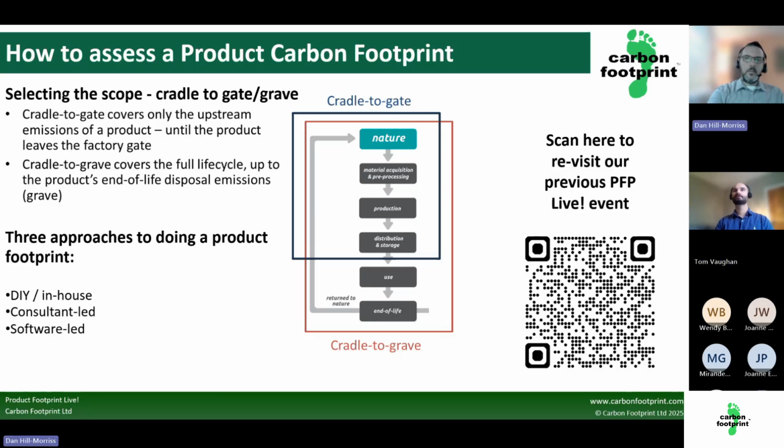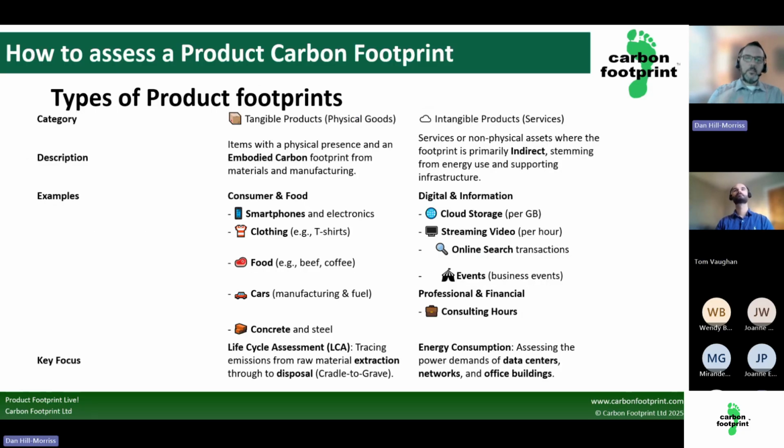Okay. So in terms of then, we touched on this during the poll. We talked about there being tangible and physical goods and intangible or virtual goods. Does that change the approach to how we look at an assessment? Yeah, so as in the survey result, most of you did have or are looking to assess tangible products.